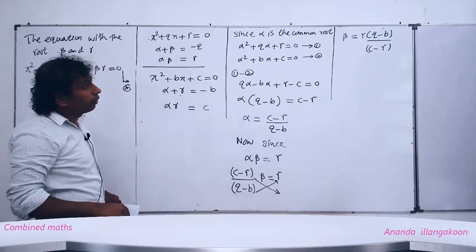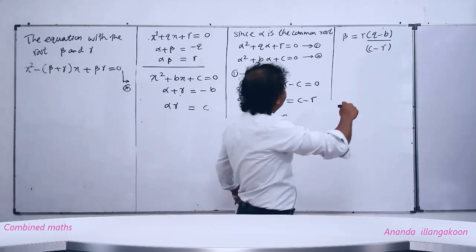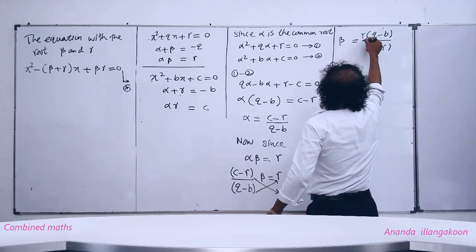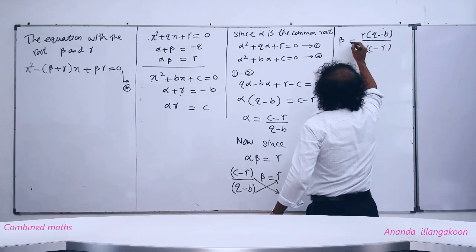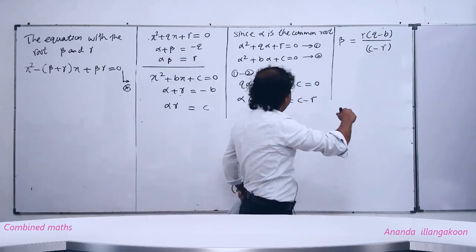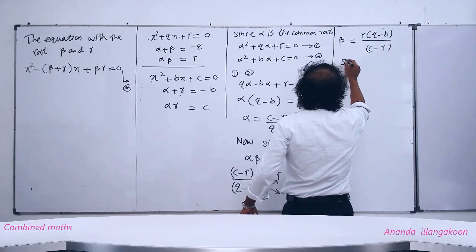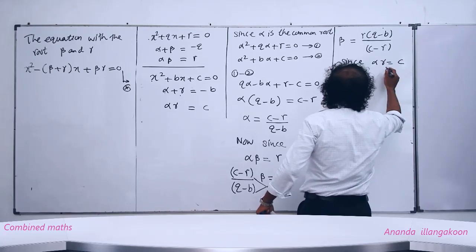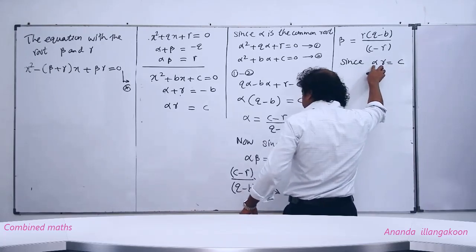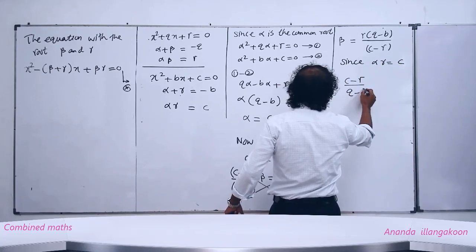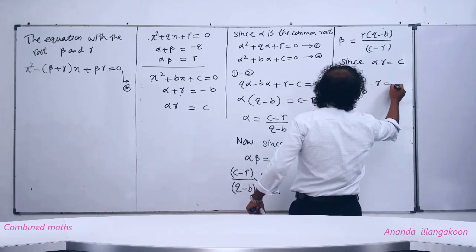And by this alpha gamma, see. Since alpha gamma is c, I can substitute for alpha: c minus r divided by q minus b times gamma is c.